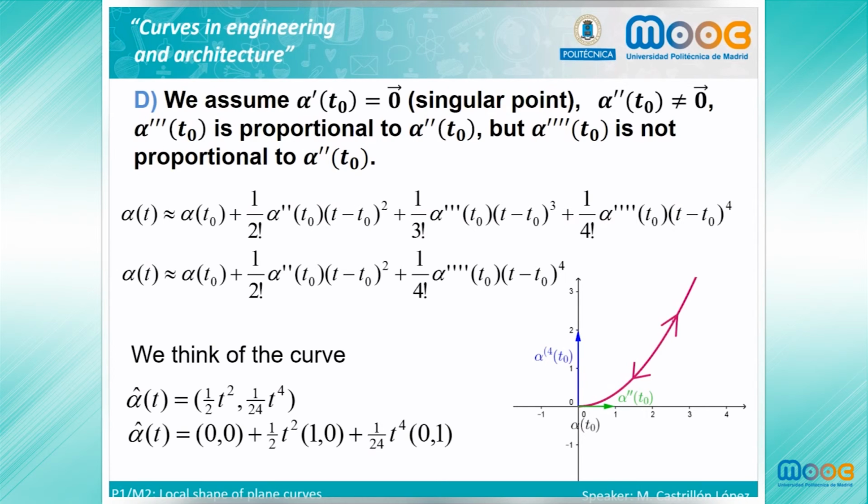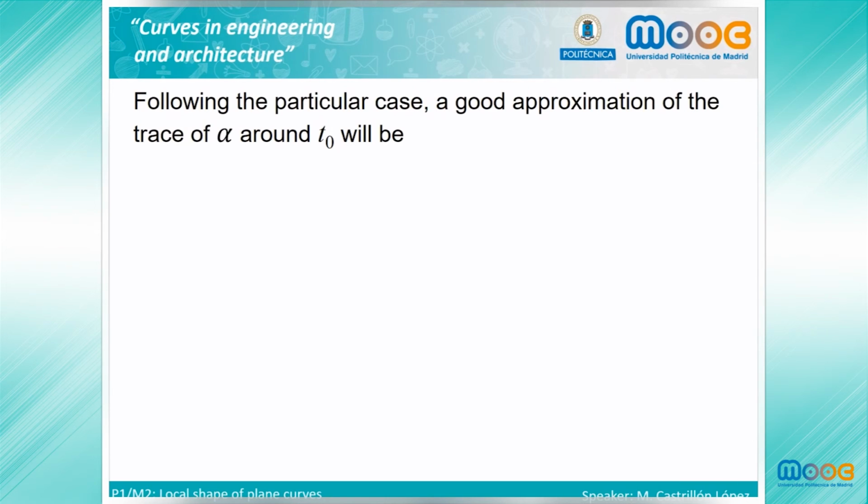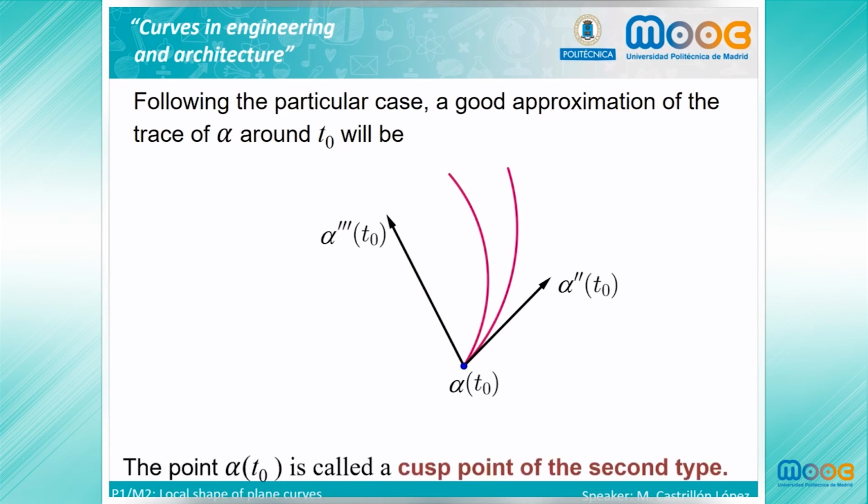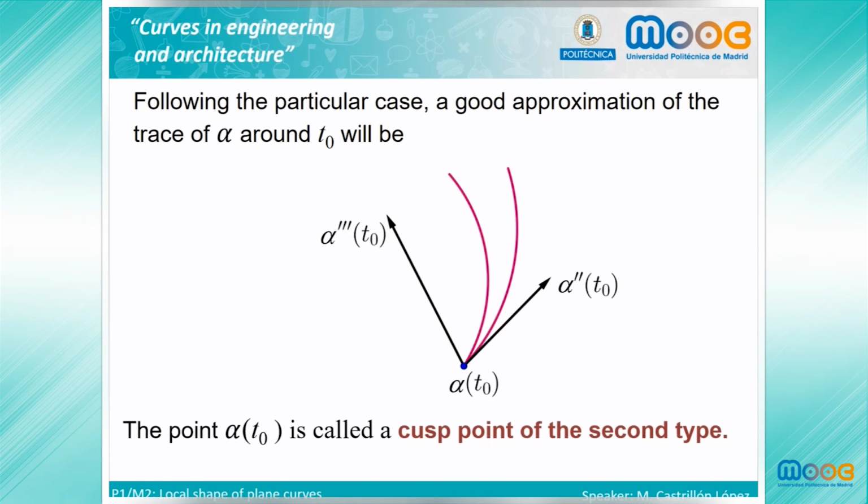With that curve in mind, we can find a good approximation of the trace of the curve around that t0, and it will be a kind of two branches of the parabola, from top to the origin and then going back to the top. They are not exactly branches of the parabola, because they are approximations of that curve. Those points are called cusp points of the second type.